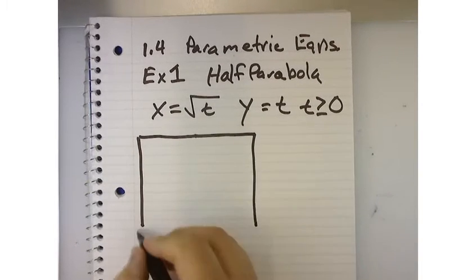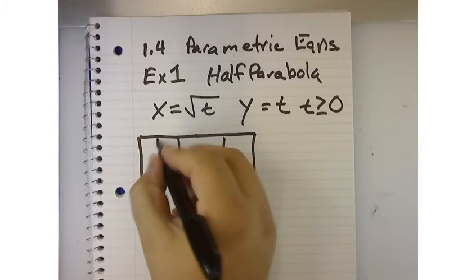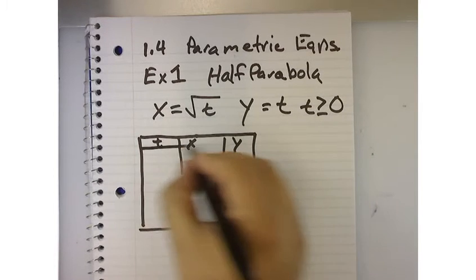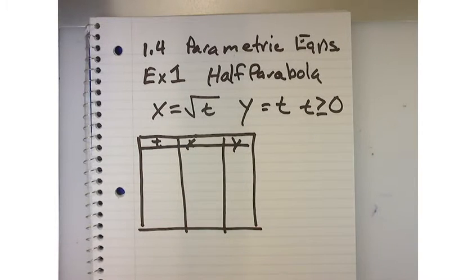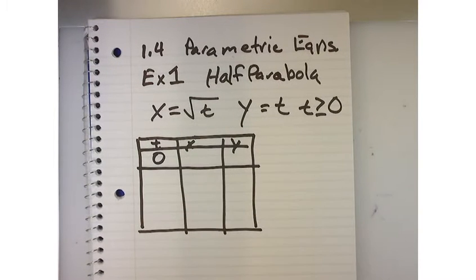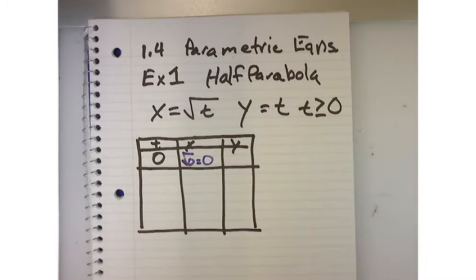So the way this works is I have t, I have x, and I have y. So if I start with 0, x is the square root of 0. So I would say the square root of 0 is equal to 0.